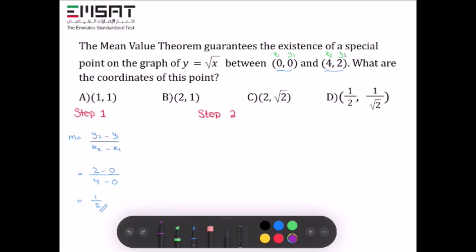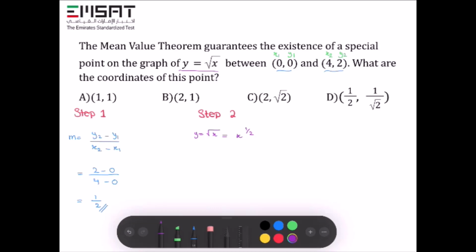Step 2. Find the slope of the tangent line by taking the derivative of y. We have here y equals the square root of x. Convert the radical to power form. We will end up having x to the power of 1 over 2.